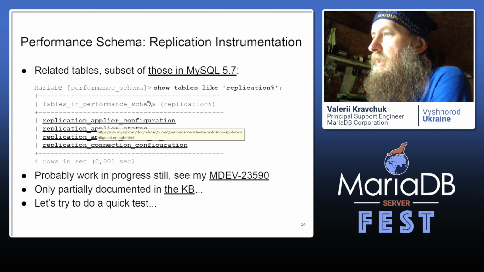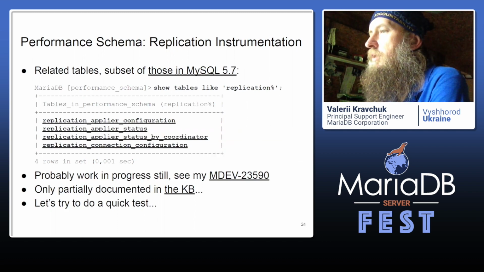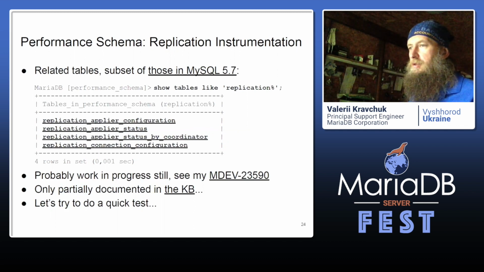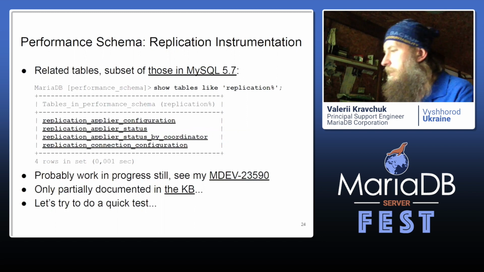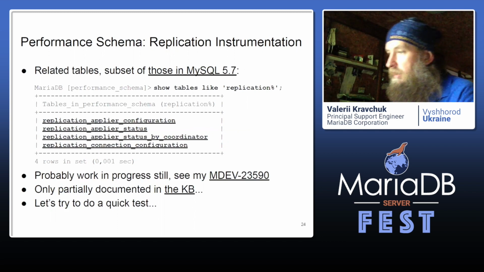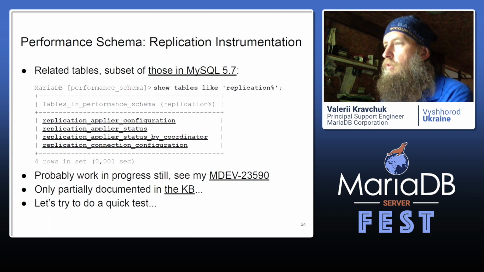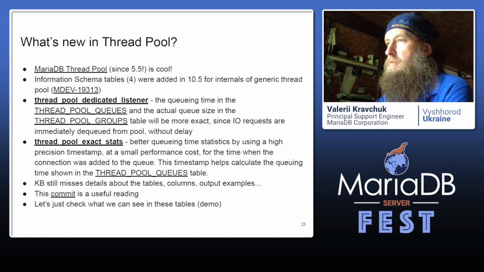We have replication applier configuration, applier status, but we do not have a coordinator status. And if we speak about parallel replication, we have a replication coordinator thread and replication applier threads, maybe more than one. So all this should be documented and implemented one day. Probably it will be in 10.6.